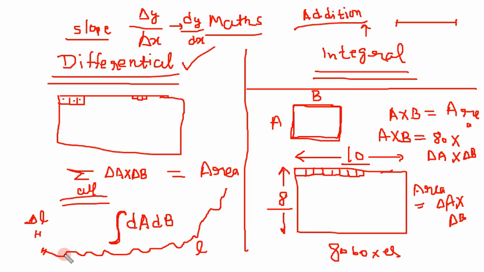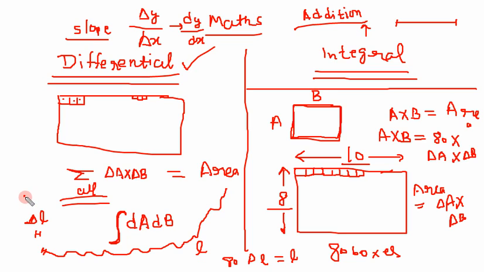Now we keep on putting these and we can count, let us say, 80 small segments of delta L in this L. And we know what delta L is.